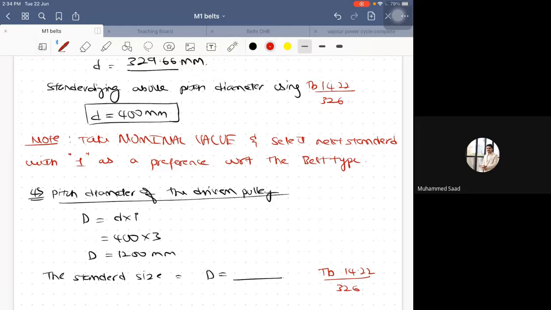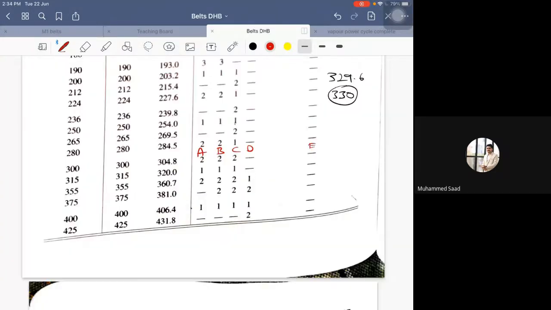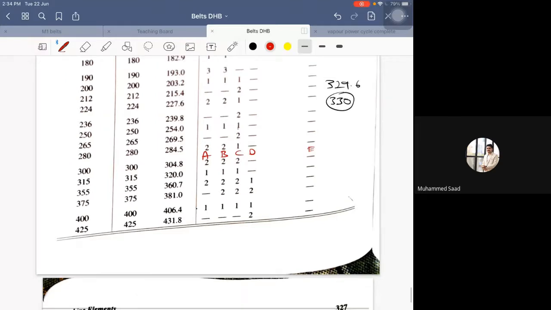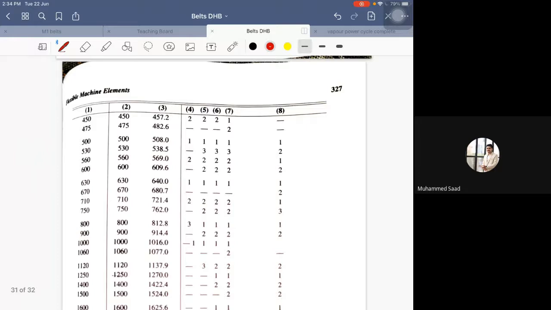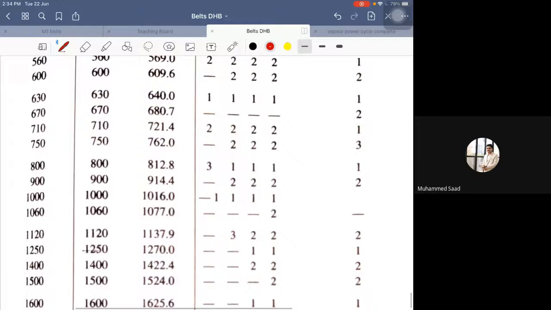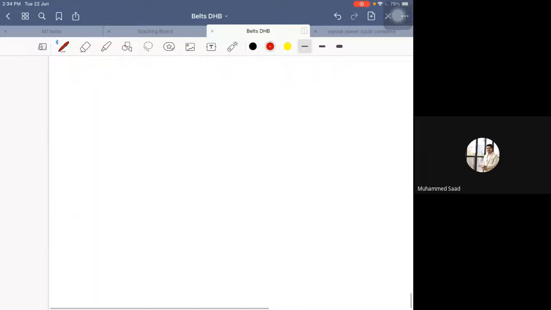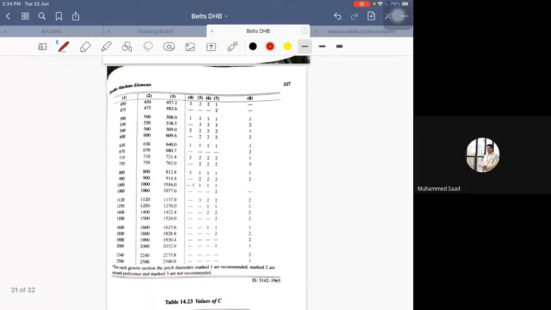Looking at the same table, please standardize 1200. Oh, 1250, yeah? Okay. Shall I take it as 1250?